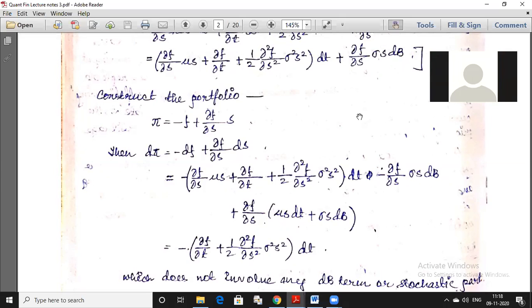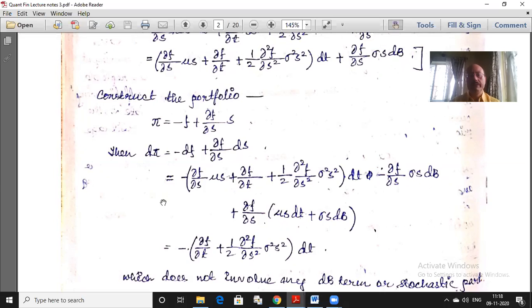Yes, sir. So in fact, after simplification, the d pi is given by only this thing within brackets times dt. So most of the other terms will remain, del f del t, half del 2f del S square. But some terms will get cancelled, and most importantly, all the dB terms cancel each other out.